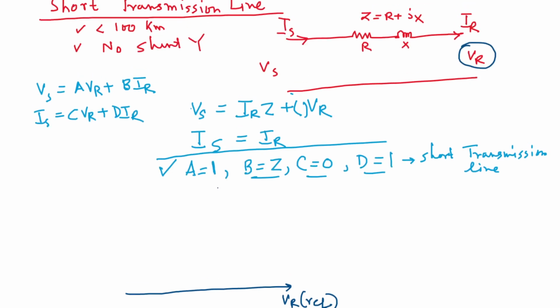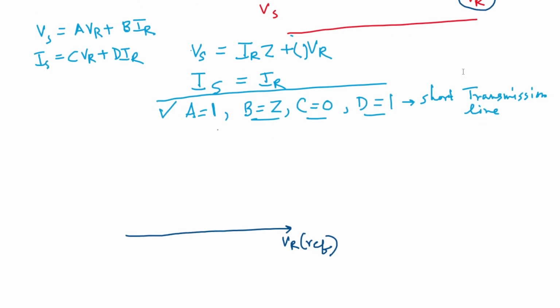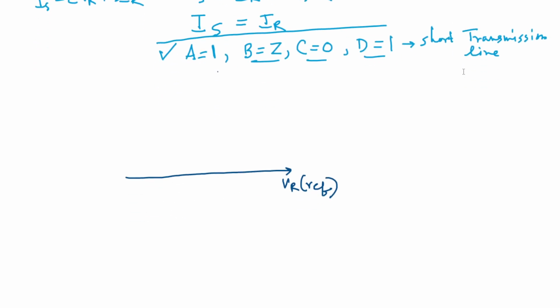Ir is the current at the receiving end. By the nature of loads, the currents are lagging. So we can assume this is the lagging current Ir, and this is phi, phi being the power factor angle, which is lagging.